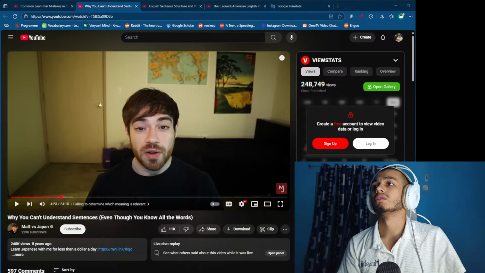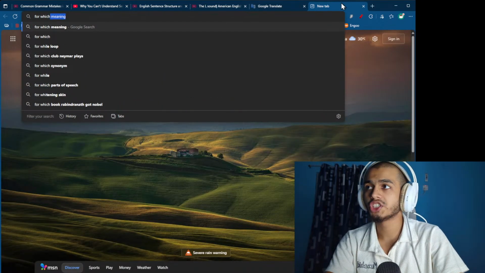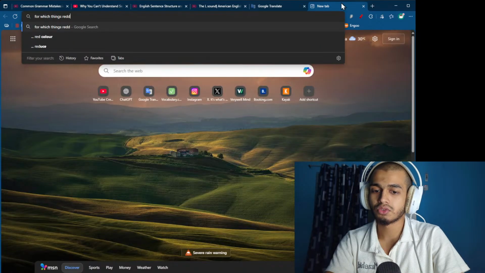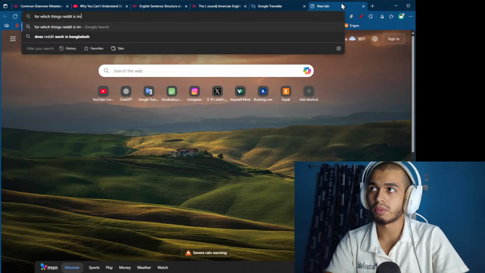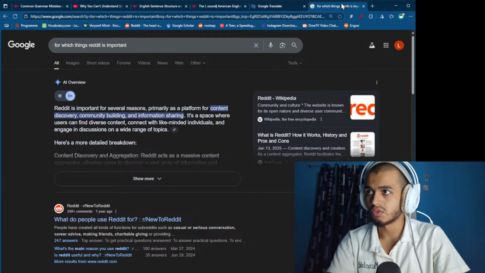Okay, let's ask which things Reddit is important for. Reddit is important for several reasons, primarily as a platform for content discovery, community building, and information sharing.